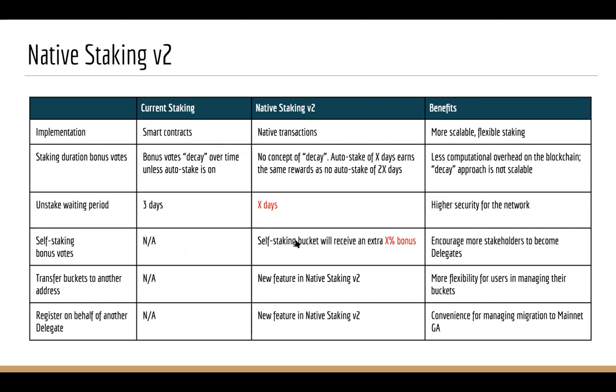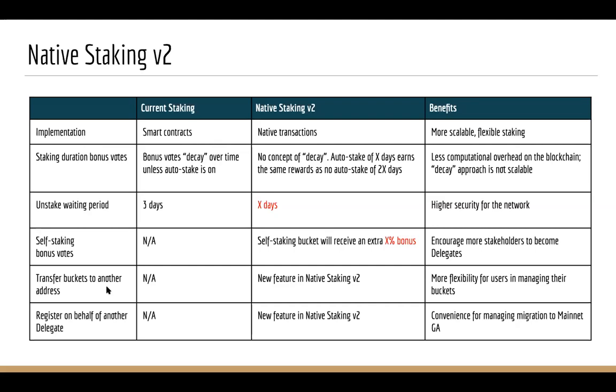Another interesting thing is we were thinking about introducing a self-staking bonus vote to encourage more stakeholders to become delegates. The percentage we're investigating right now is around 6%, and we'll have some simulations to explain the implications of that. Two other features we're implementing: one is transferring buckets to another address.